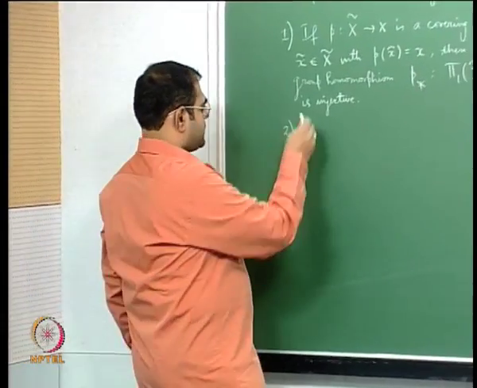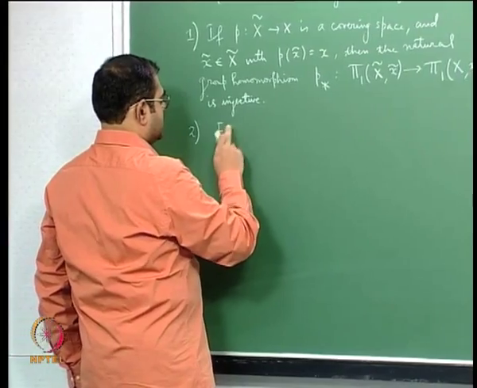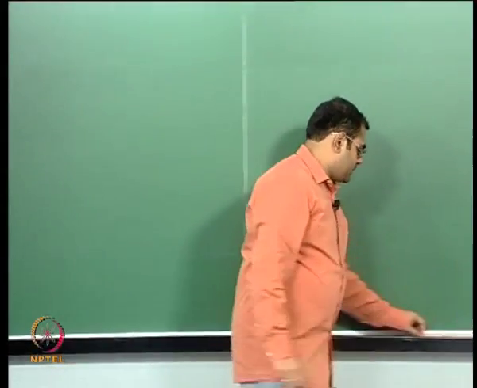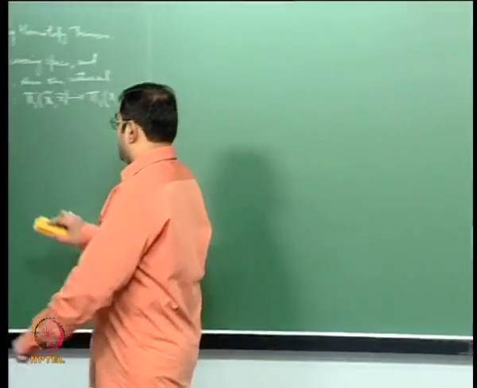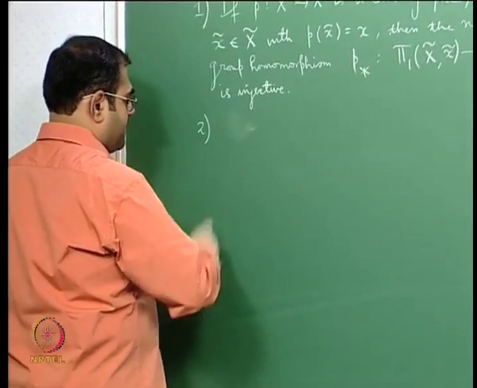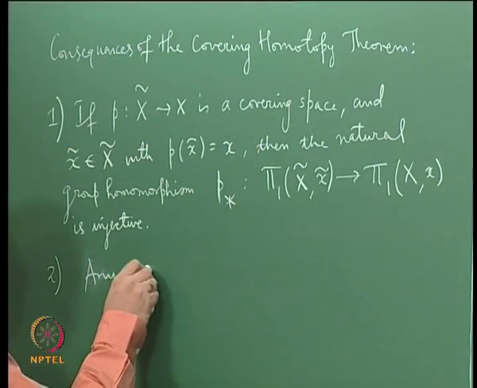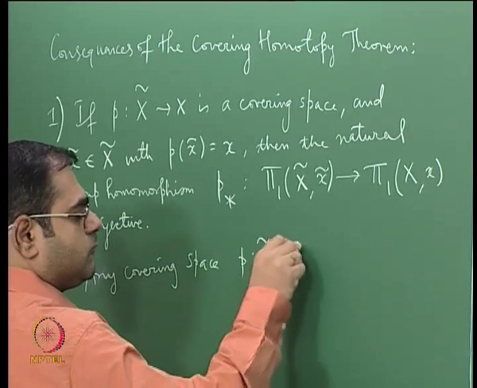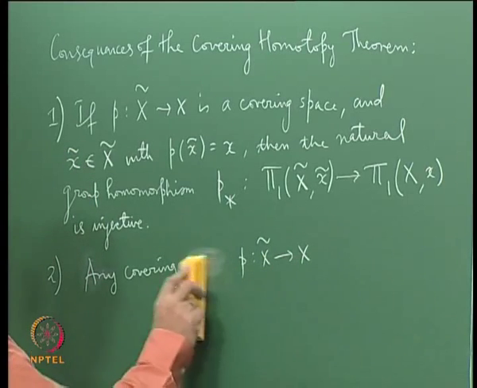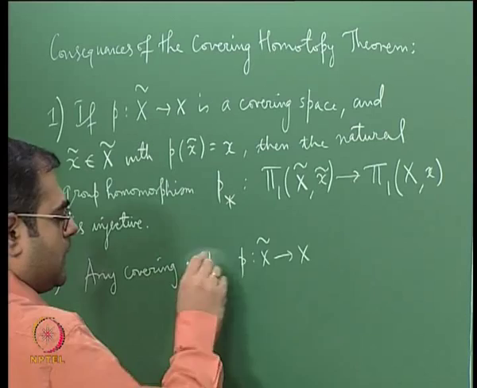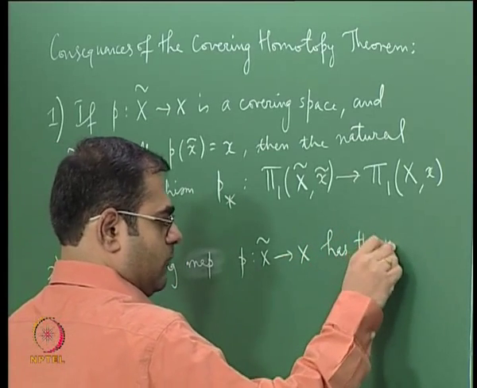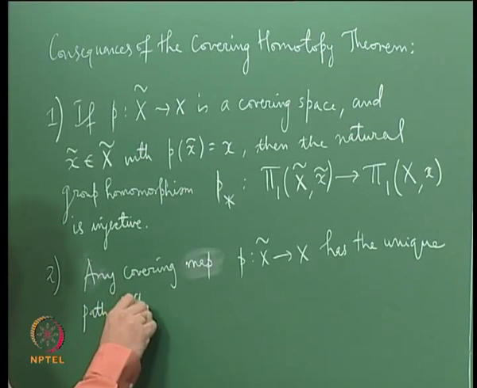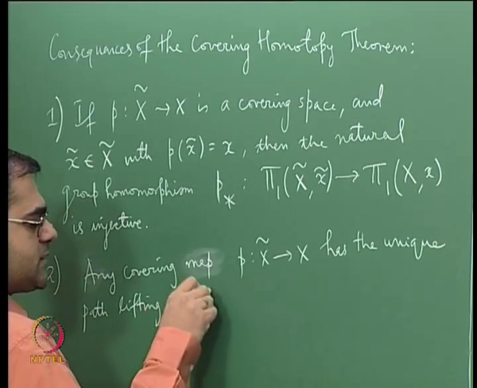Let me write that down: any covering space, or let me say even any covering map, has the unique path lifting property. What does this mean?